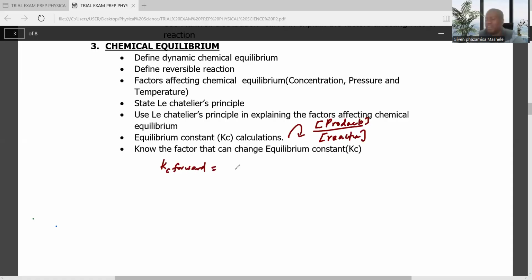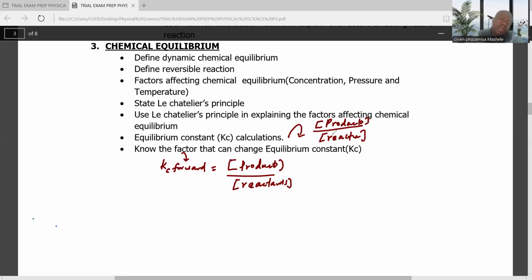Usually when you say calculate Kc, we're generally referring to the forward. So this is the concentration of products over the concentration of reactants. In the exam, if they say calculate Kc, you must know that you are calculating Kc for the forward all the time.